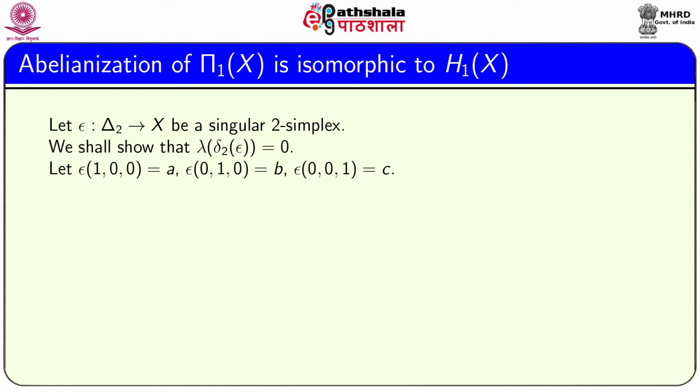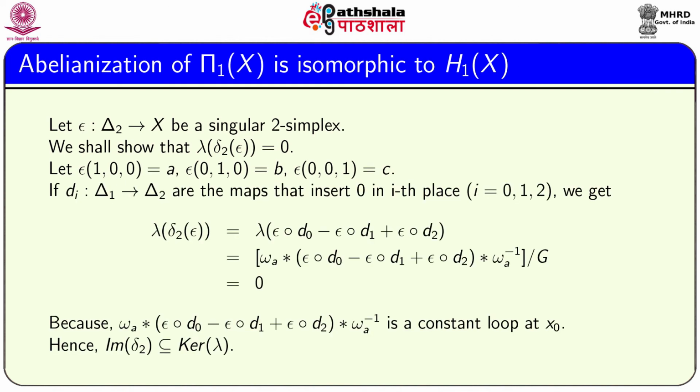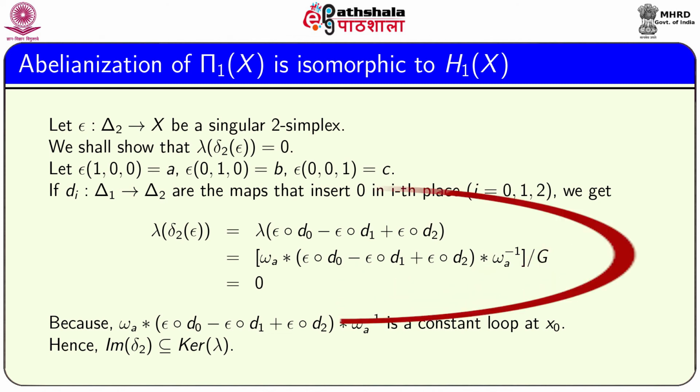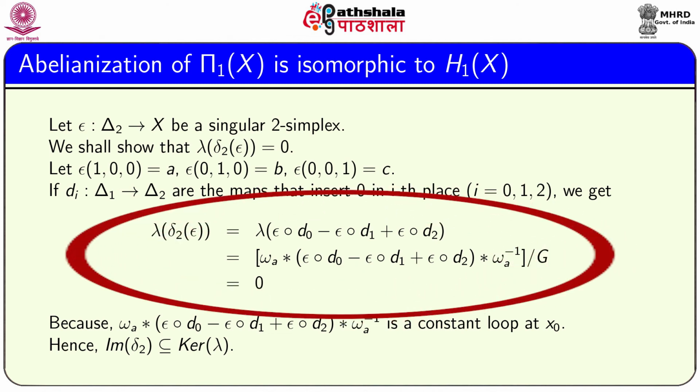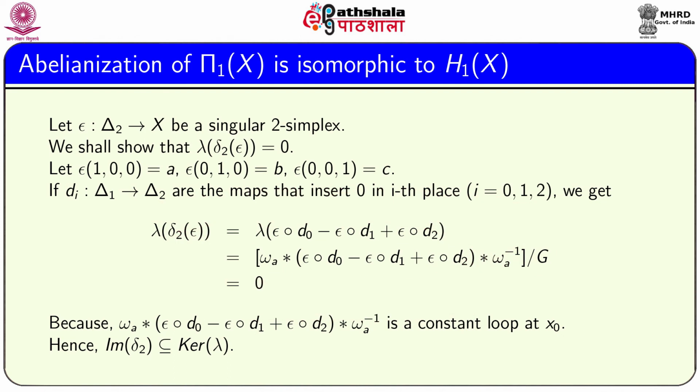Let ε(1,0,0) be A, ε send (0,1,0) to B and ε send (0,0,1) to C. If di from Δ1 to Δ2 are the maps that insert 0 in the ith place, we get λ of ∂2 ε equal to λ of ε∘d0 minus ε∘d1 plus ε∘d2.